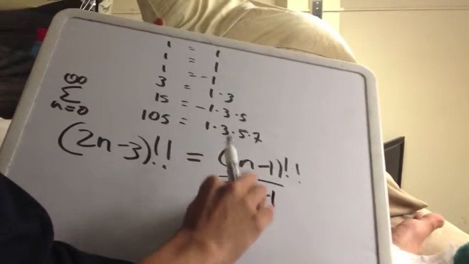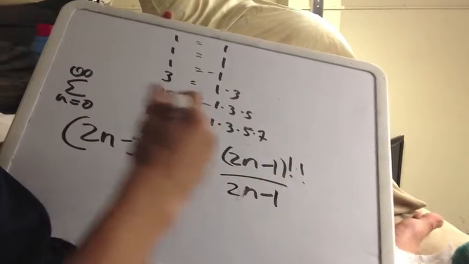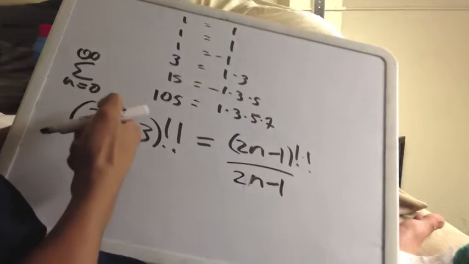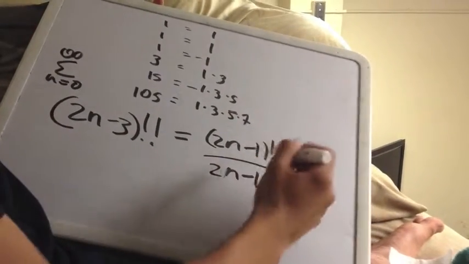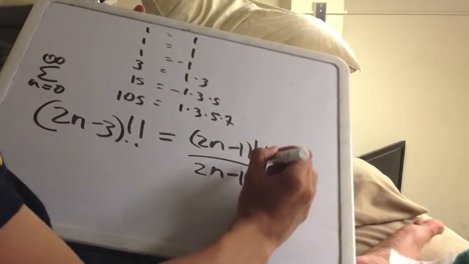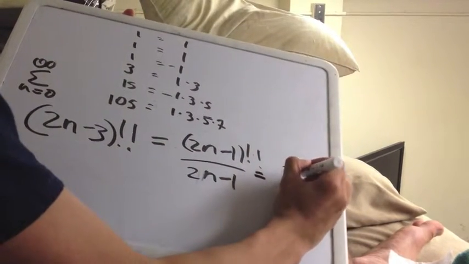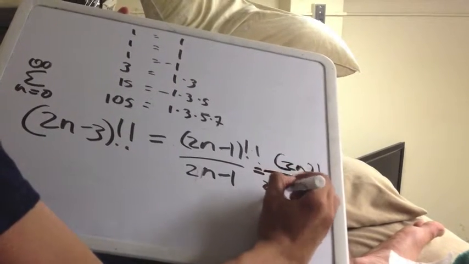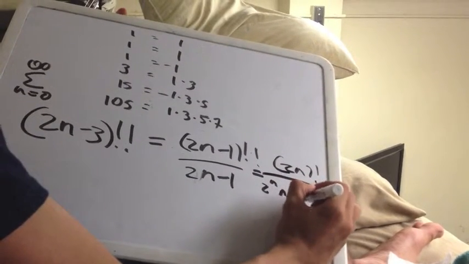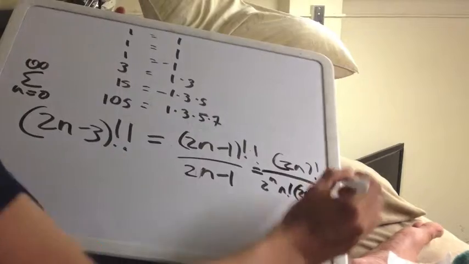Now that we've covered this problem with the 0, we can simplify this even more to become (2n)! all over 2 to the n times n factorial times (2n minus 1).